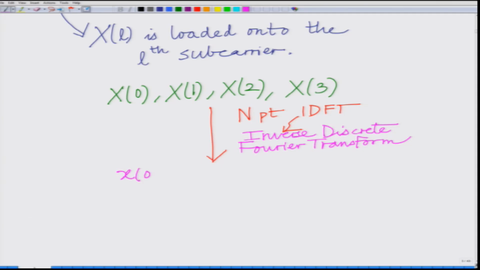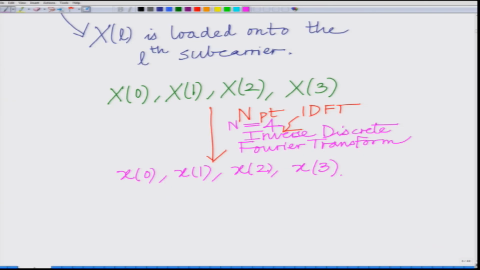This gives the IDFT samples, the small x's: small x0, small x1, small x2, small x3. So, in this case you have the N equal to 4 point IDFT. You take the symbols capital X0, capital X1, capital X2, capital X3 and load them onto the subcarriers, which means you take the N-point IDFT.